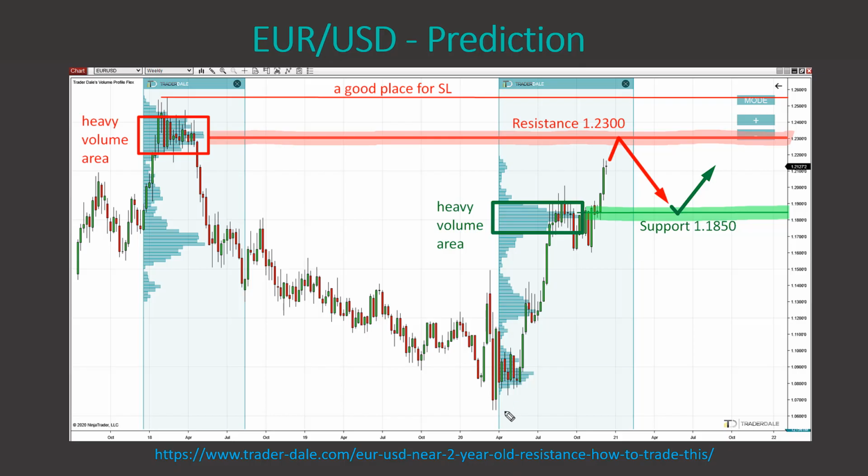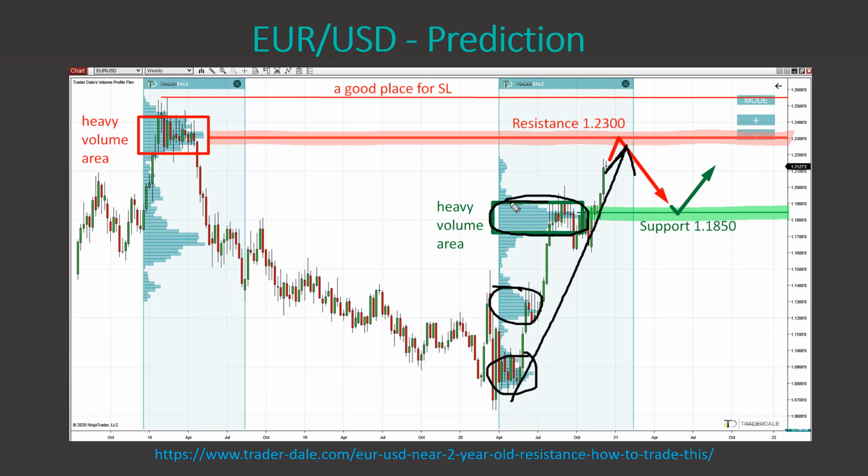The second thing to notice in here was this strong uptrend on the euro. When there's a trend, I also use my profile to look into the trend and look for heavy volume areas. So there were 3.